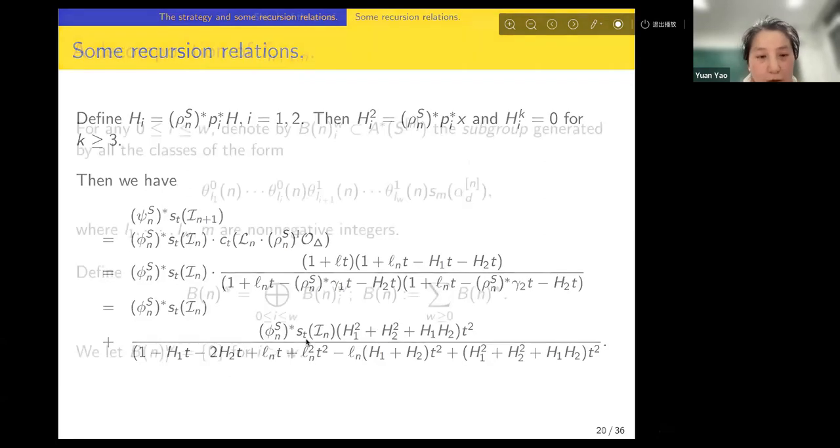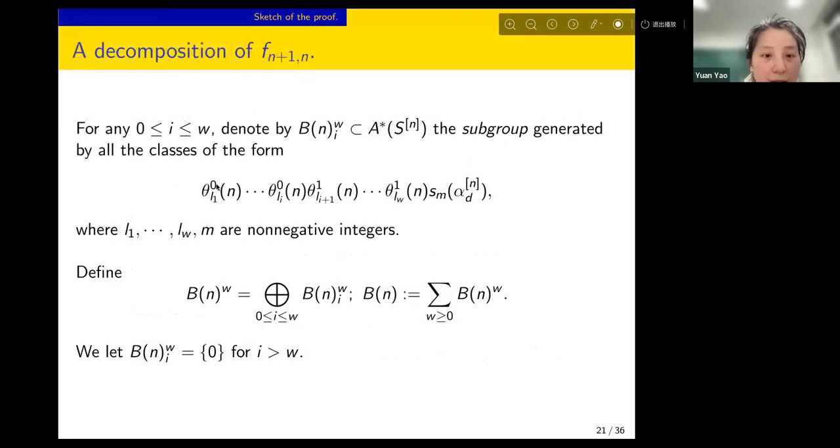As we have already defined, all these thetas, with some upper and lower numbers, are some Chern classes, factors of Chern classes of this ideal sheaf.